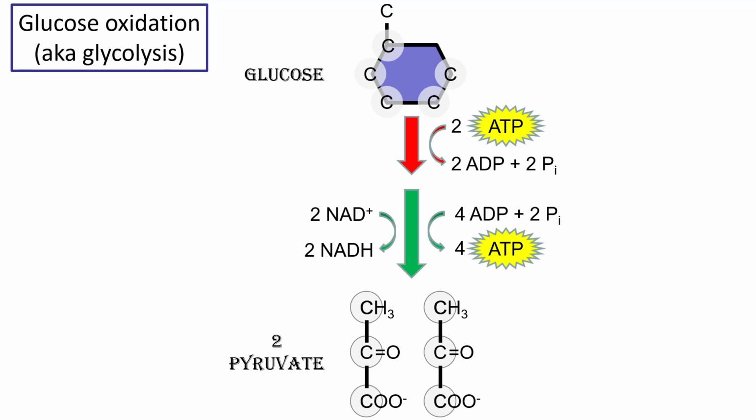Okay, so glucose is oxidized in the process of glycolysis into 2 pyruvate molecules. 2 ATP molecules are used to start the process, but then 4 ATP molecules are generated, and that means we have a net of 2 ATP molecules from glycolysis. In addition, 2 NAD+ molecules become reduced to 2 molecules of NADH.